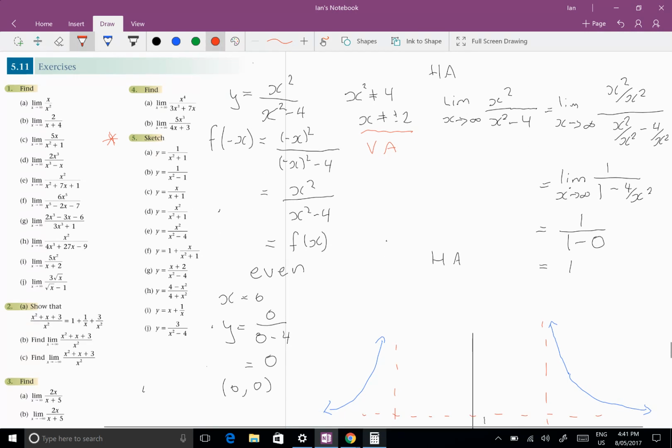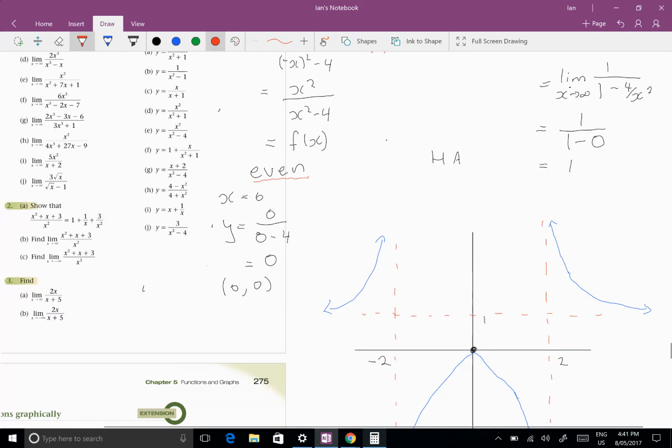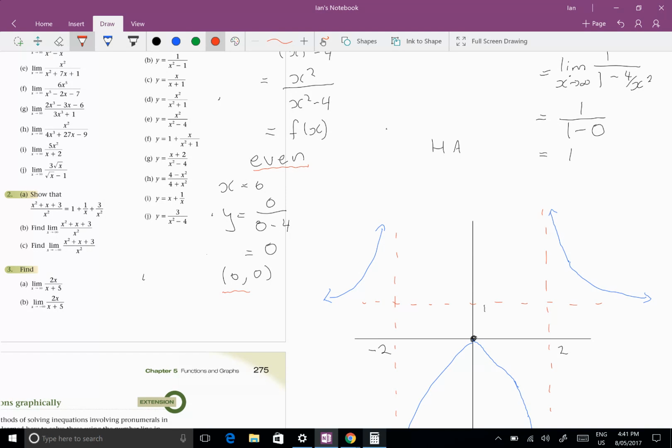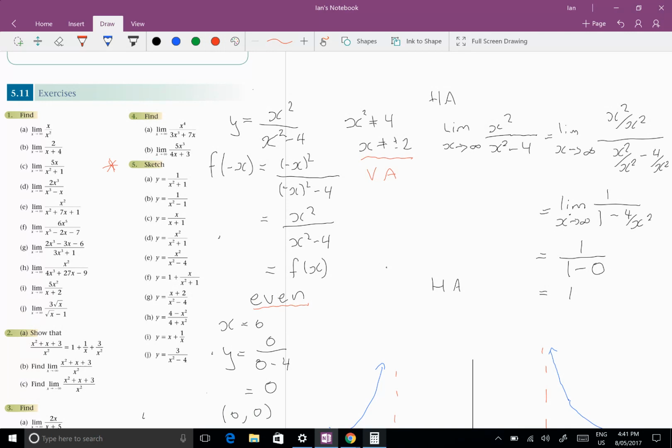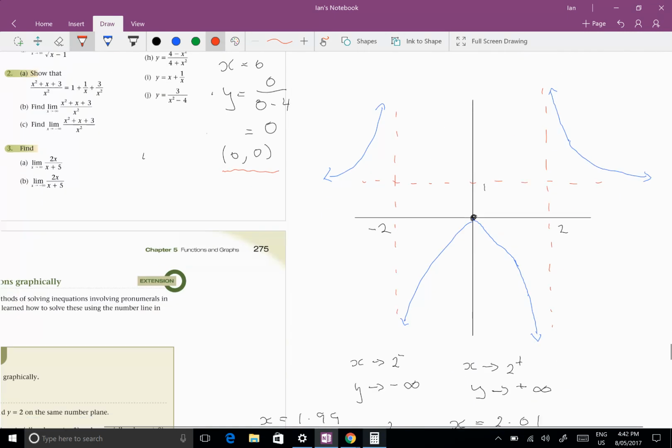I found out that the function was even. I found when x equals 0, which happened to also give me when y equals 0. I found the horizontal asymptote by finding the limit as x approached infinity, and to find that I divided by the highest power of x top and bottom, and I got a horizontal asymptote when y equals 1.